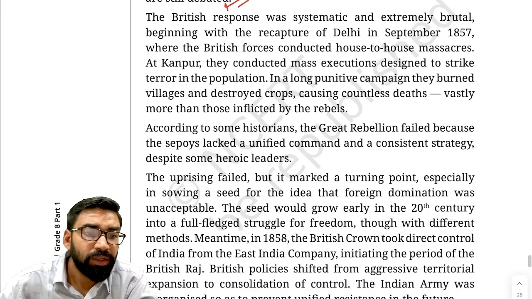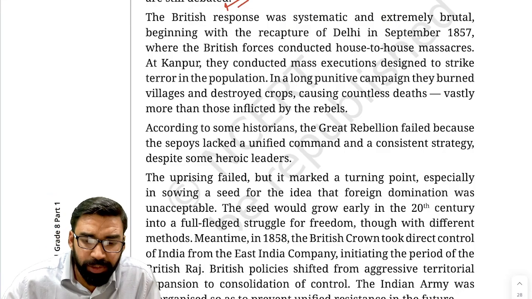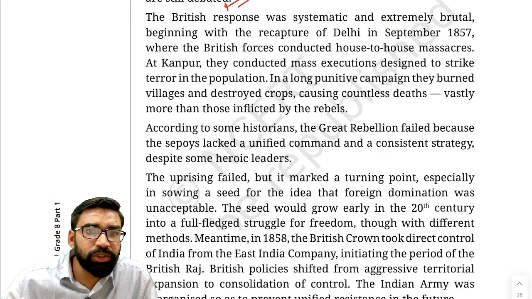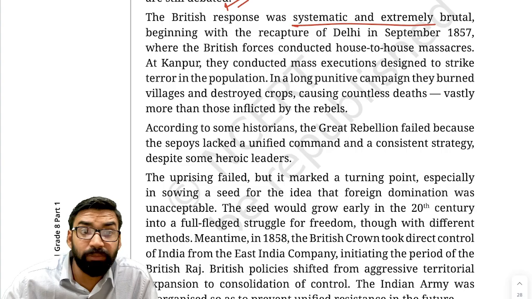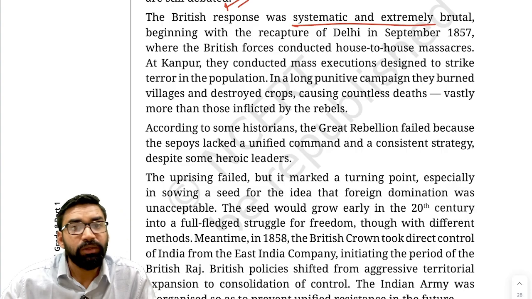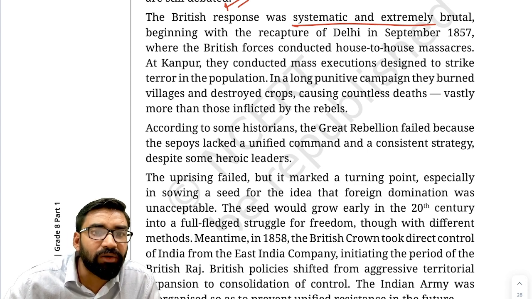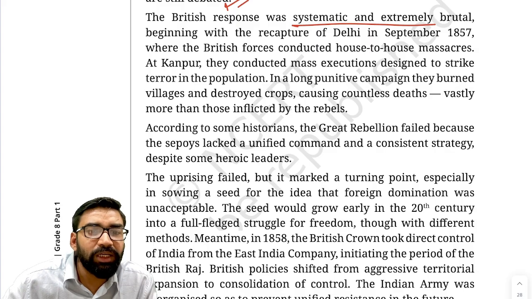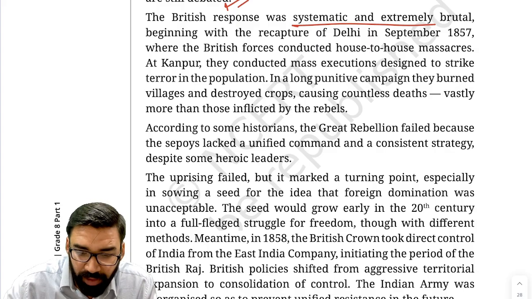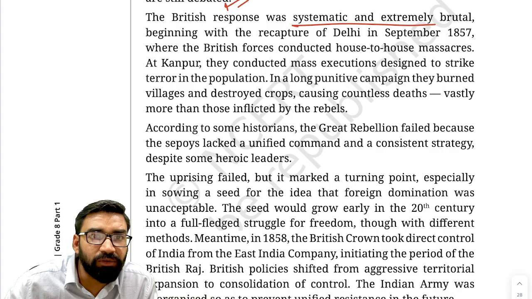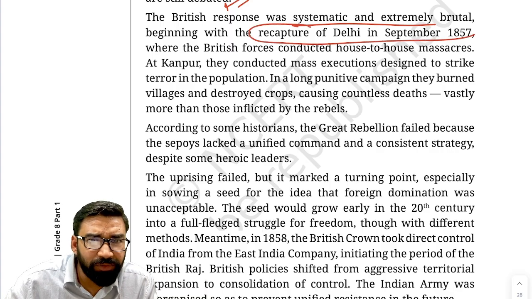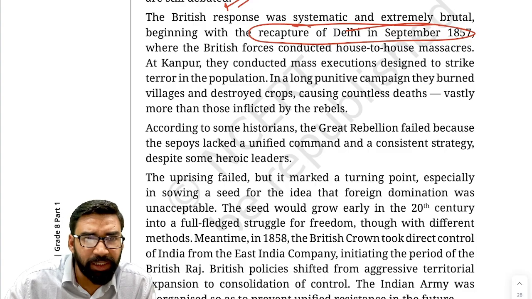Now, what was the British response in this? The British response was systematic but extremely brutal. From September 1857, the Britishers started recapturing Delhi.